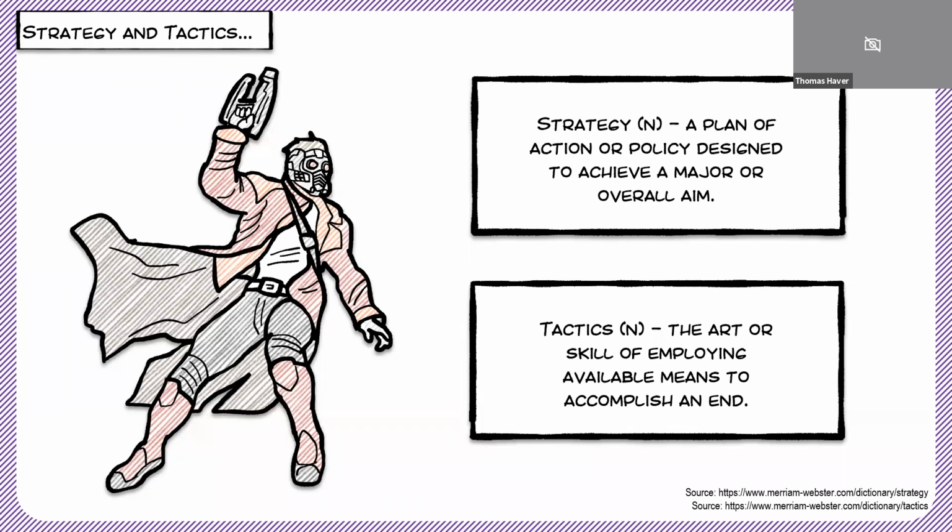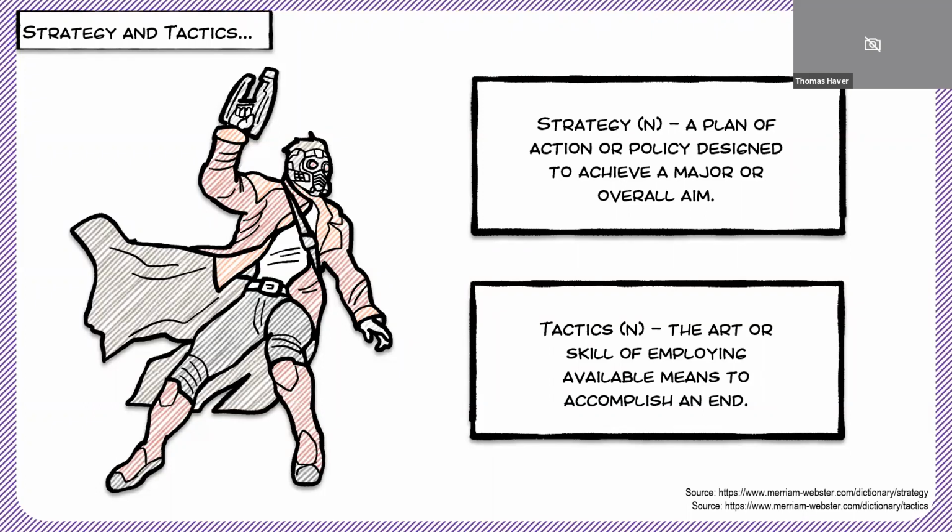So for instance, for those of you who saw the Avengers Infinity War movie, Star-Lord here had a great strategy for defeating Thanos. However, his own emotional tactics ended up costing the team, and Thanos was able to snap half the universe. So even though you may have a good strategy, if tactically you do not carry it out well, you can end up with trouble.